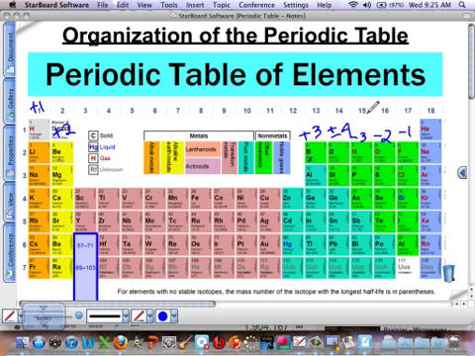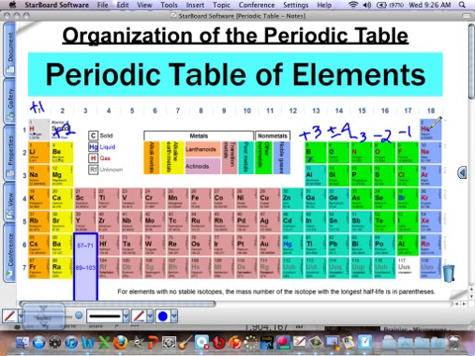Now, something else I want to point out to you. You guys notice how I went across the row to figure out how many electrons they had. All you've got to do is count. The first shell had 2 electrons yesterday. We go to the first period, there's 1, 2. So if I ask you, how many electrons does zinc have in its outer shell? How would you figure that out?